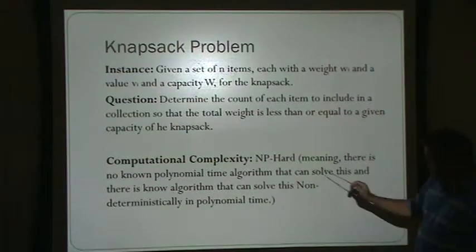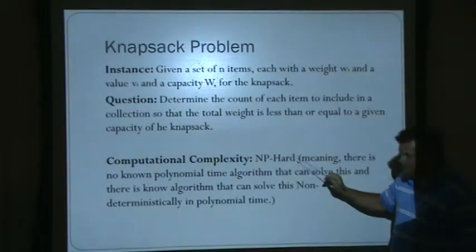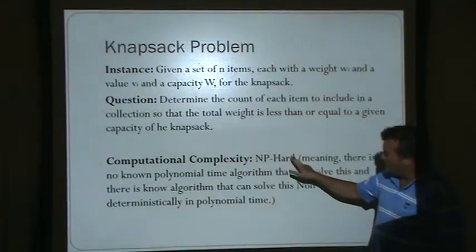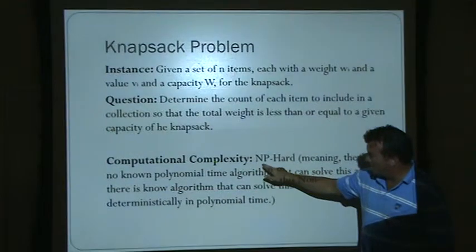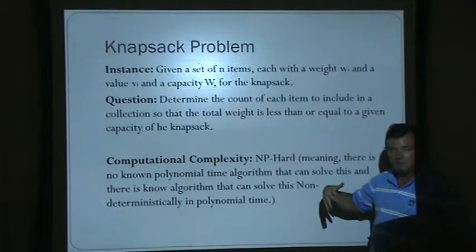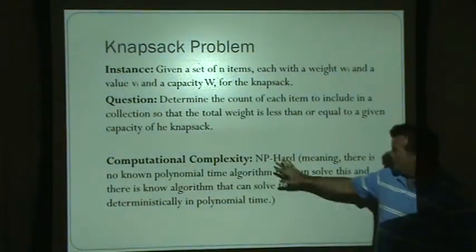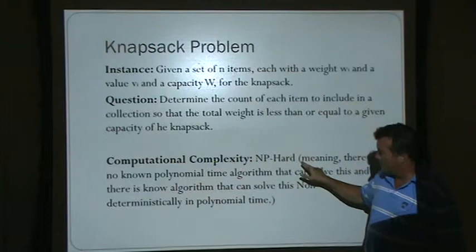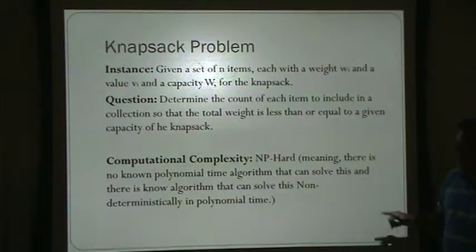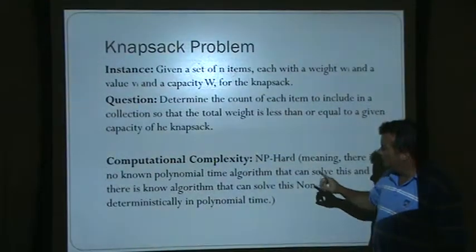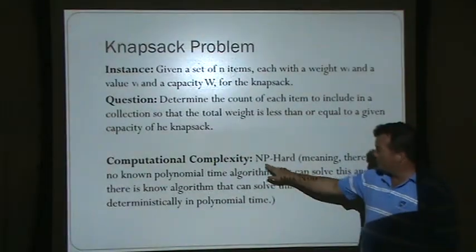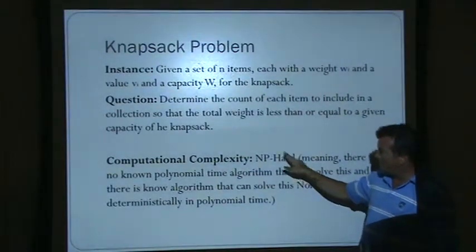So if you remember the difference between being some class complete and some class hard, complete means someone has demonstrated that the problem can be solved with an algorithm that is in that class. And it was also proven that it could never be done in something better than that class. That would be whatever the class is, complete. If something is proven to be some class hard, that means a solution to this problem would solve other problems that are complete for that class, but this one may not even be in this class.